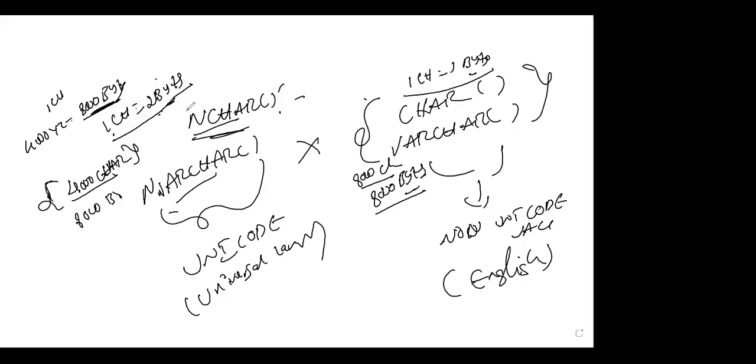NCHAR is a fixed length data type. It can store universal language, including English.